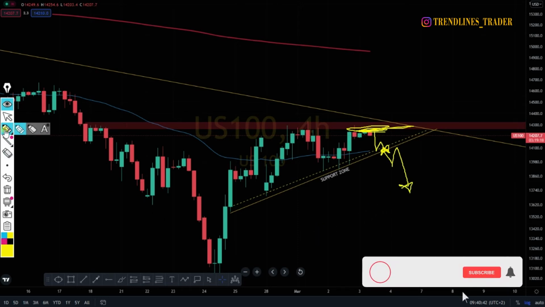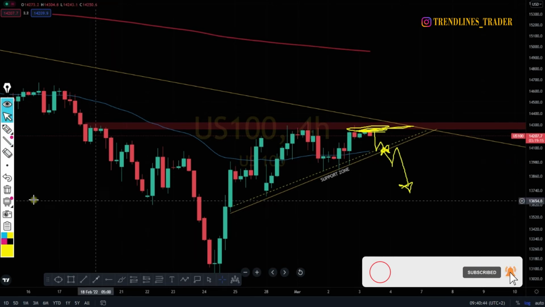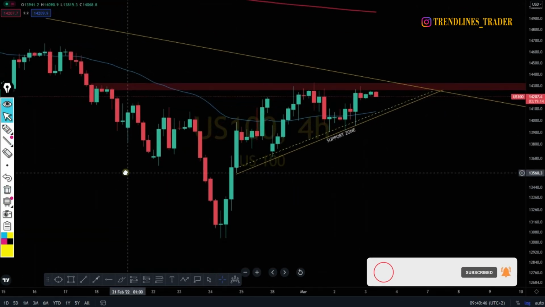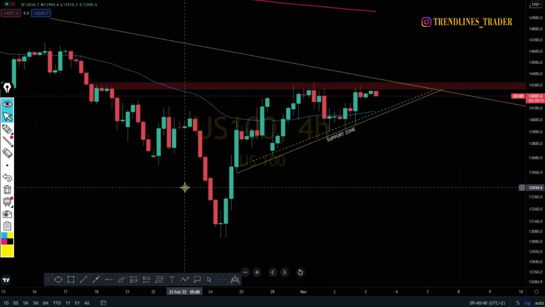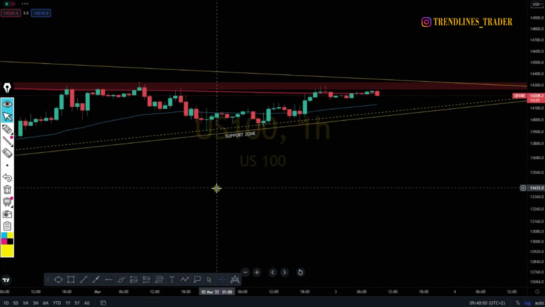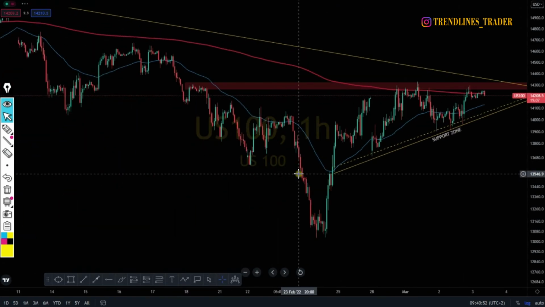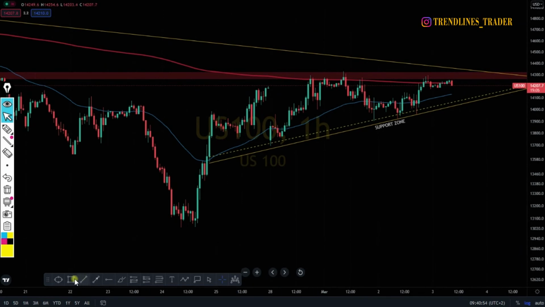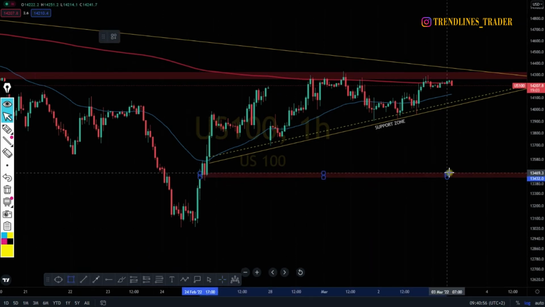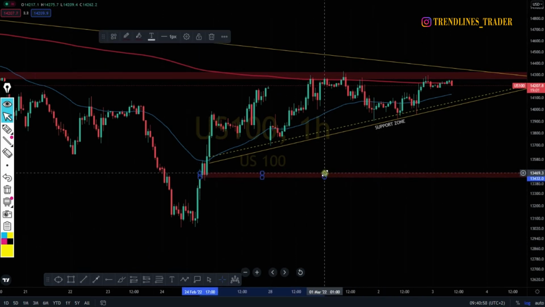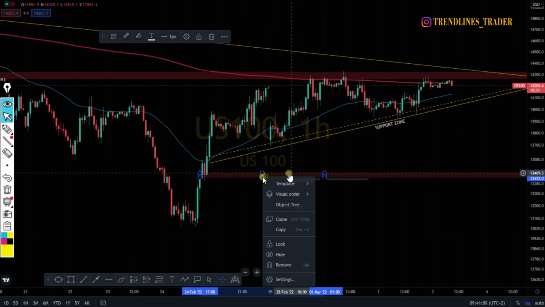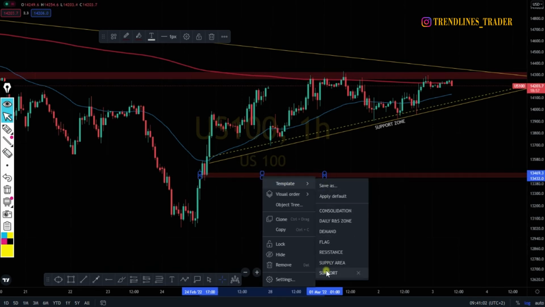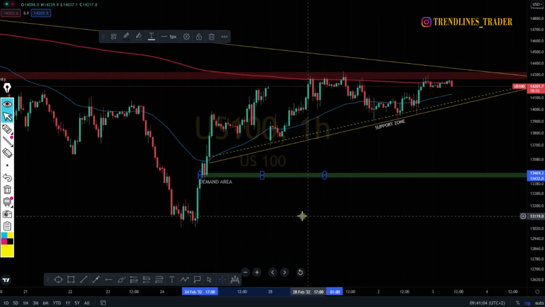And remember that the price will always move with a couple of things. Let me go to the 1 hour time frame so that I can show you something. I really want to show you guys, this is something that I want you to be very aware of. If you look here, I can say this is our demand area.